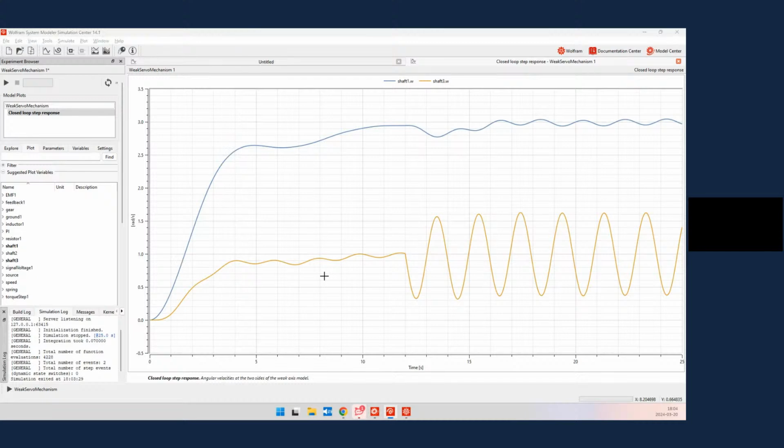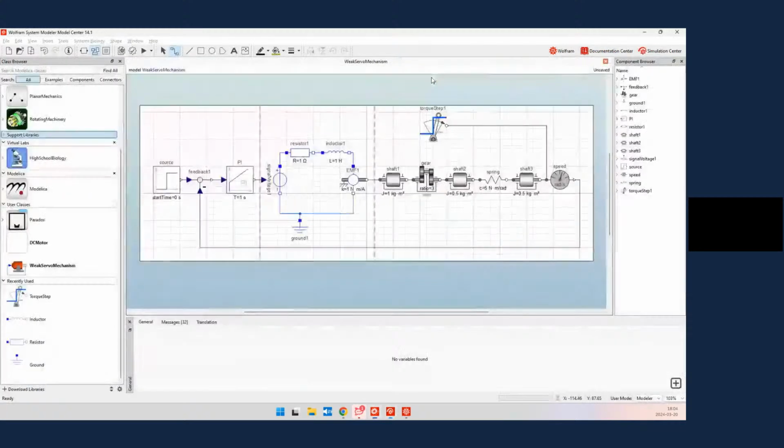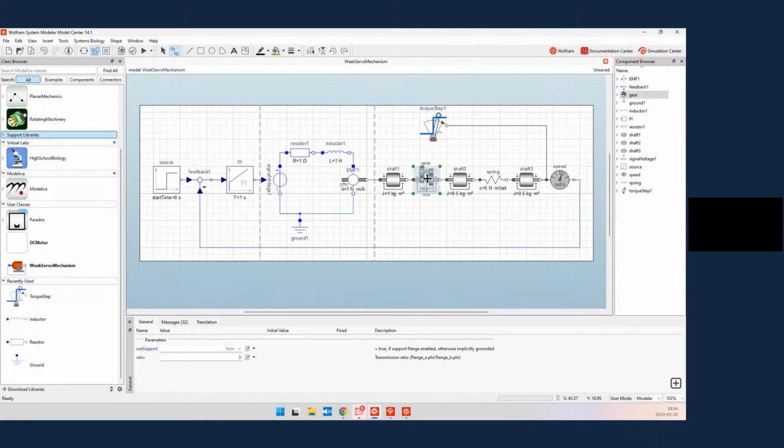If I head back to the modeling environment, before I leave the word over to Vedat, I just want to indicate that in this particular small example there is actually a gear, a small, simple gearbox.